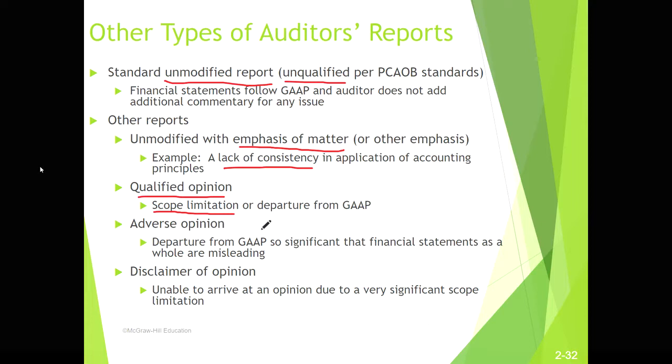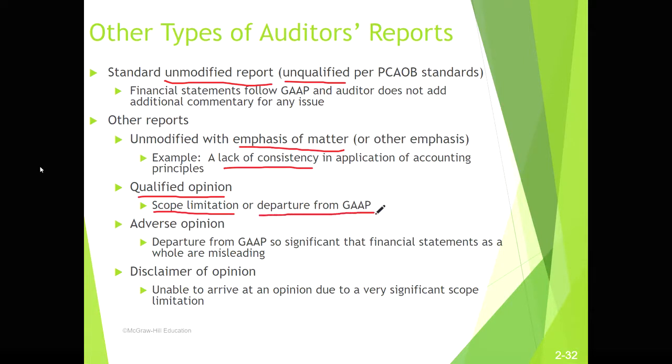So for example, we got to look at everything except for this department or this subsidiary of the company, right? So everything looks good except for this one area where we couldn't get in.